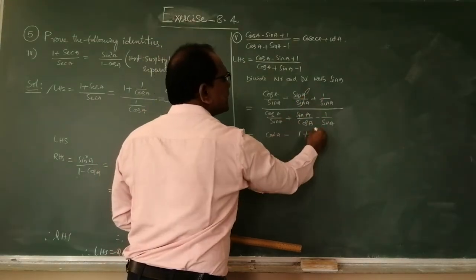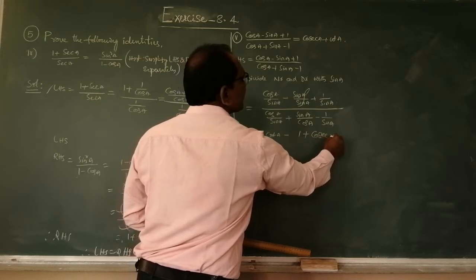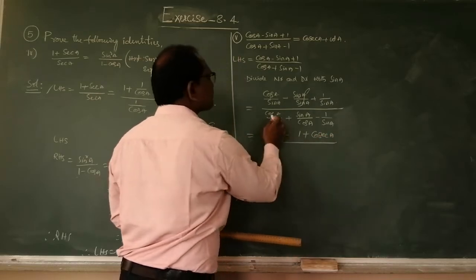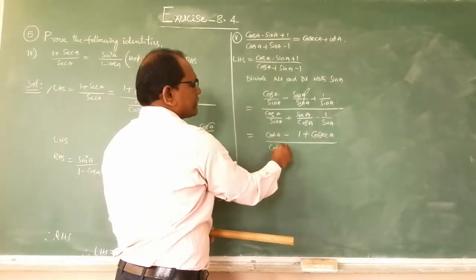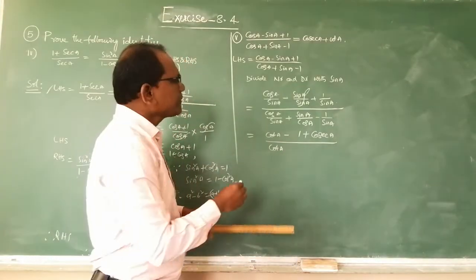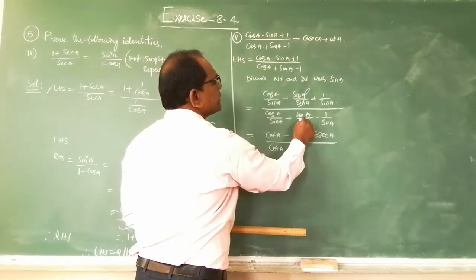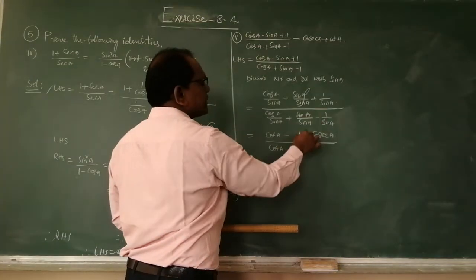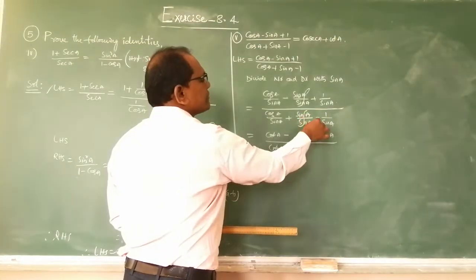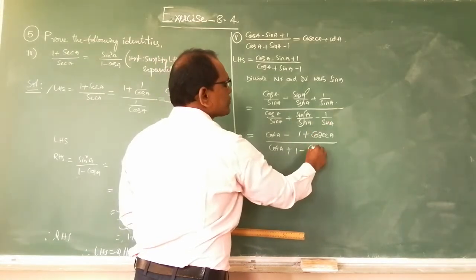Plus 1 by sin A means cosecant A. In the denominator, cot A plus sin A by sin A, which cancels to 1, minus 1 by sin A means cosecant A.